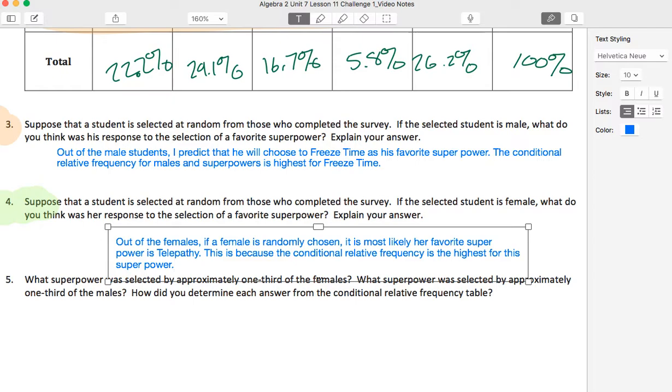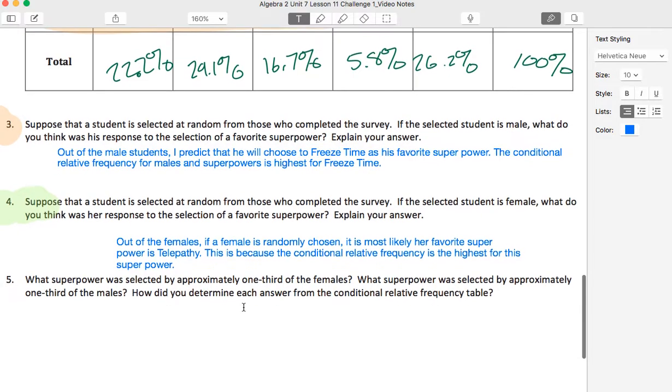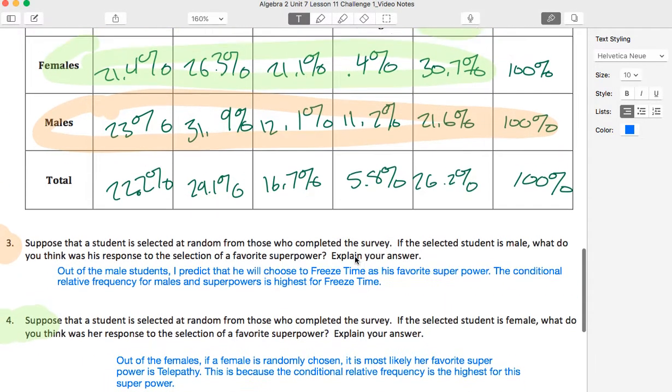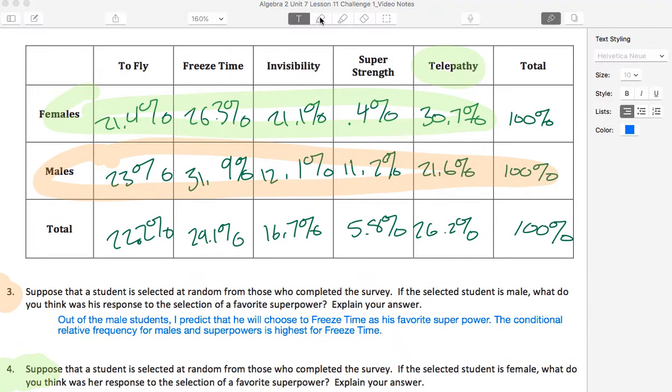Awesome. All right, last question. What superpower was selected by approximately 1/3 of females? What superpower was selected by approximately 1/3 of males? How did you determine each answer from the relative frequency table? Conditional relative frequency table. Okay, we want 30%.